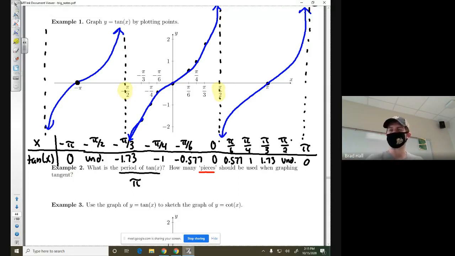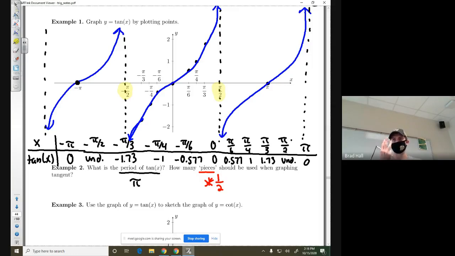This is kind of my preference as a teacher. There's no set in stone number. When I say pieces, I'm going to multiply it by 1/2 instead of 1/4. So that means instead of 4 increments, we're going to have 2.